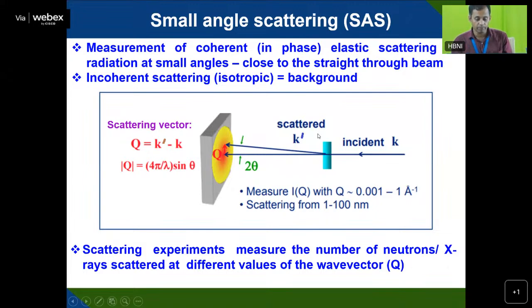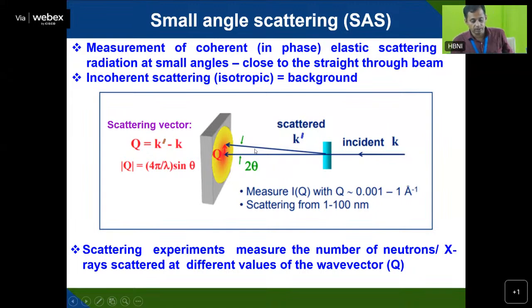If you have a sample here and the incident beam is coming in, there is a slight deviation from the initial direction; the scattered beam is almost close to the straight-through beam. Incoherent scattering gives you a background effect, whereas coherent scattering gives elastic scattering of radiation at small angles.